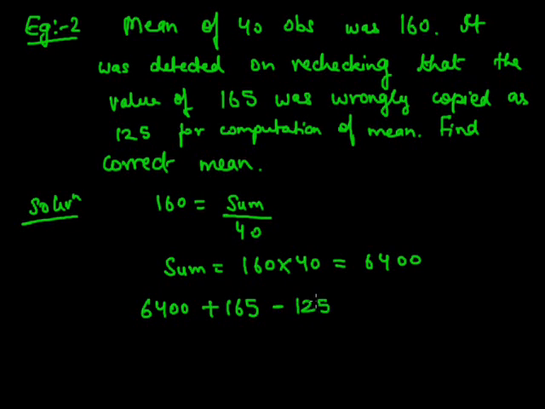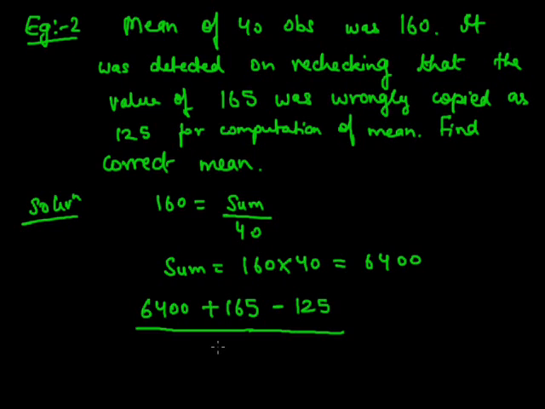Sorry, the correct observation was 165, so we add 165 to the sum we got for the 40 observations. So the sum of 40 observations we got as 6400. In that we add 165, because 165 is the correct observation, and we subtract 125, because 125 is the wrong observation. So as we have added 165 and subtracted 125, we will get the new sum.